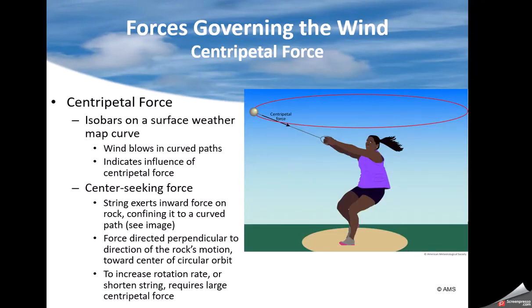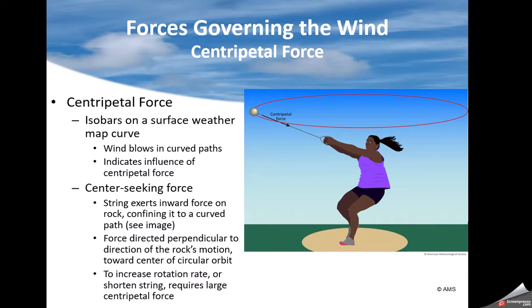So let's go on from here. What are some other forces? Well, when you drive a car and you're going around a curve, what keeps you in that curve? Why don't you go flying straight? Some force is making you go around that curve. What's that force? Well, that force is centripetal force. As you can see here, when you're pulling a ball around, like if you did a hammer throw, you are pulling inward.